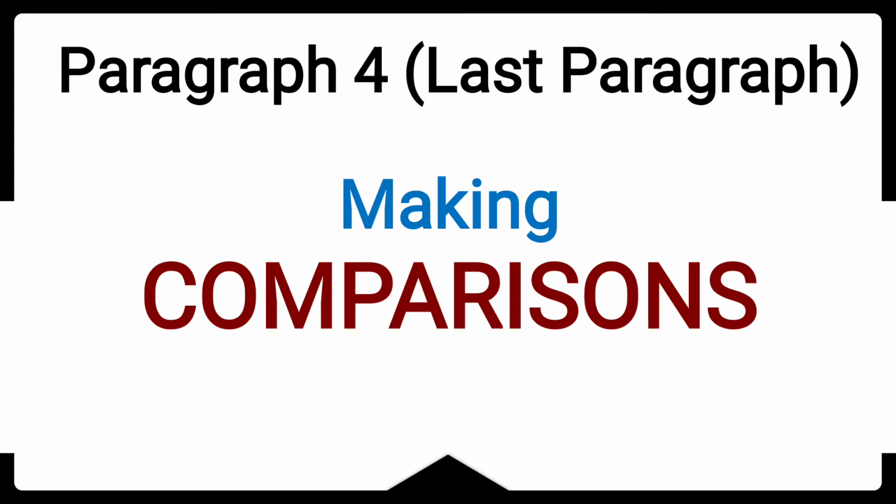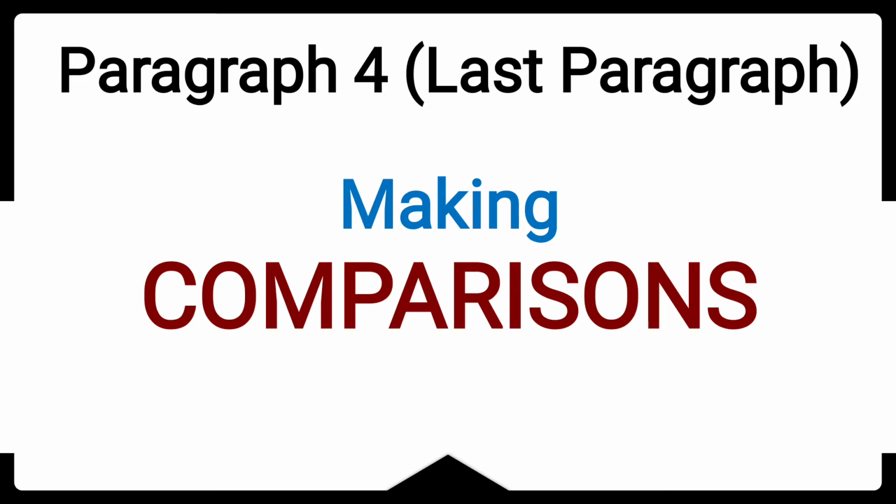Remember that the write-up for task 1 academic training, where you'll be describing a kind of diagram, requires that you write 4 paragraphs. Your paragraphs should not be too short and you should not have more than 4 paragraphs.